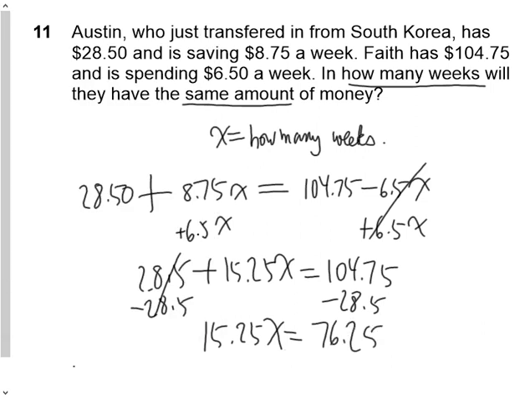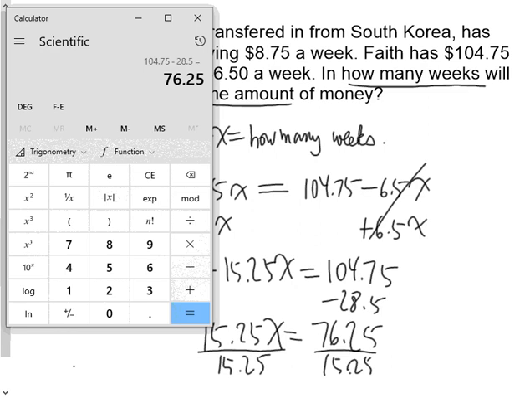And our last step will be to divide both sides by the coefficient. Taking that 76.25 and dividing it by the coefficient of 15.25 gives us an answer of 5.